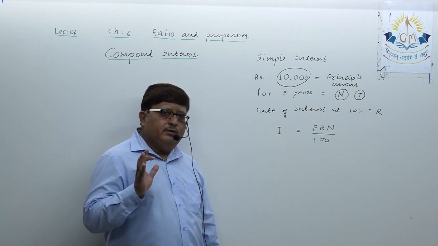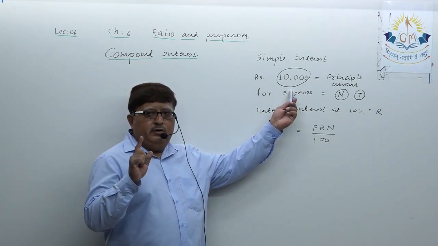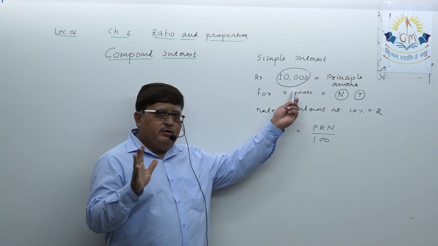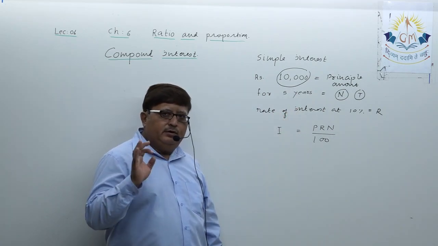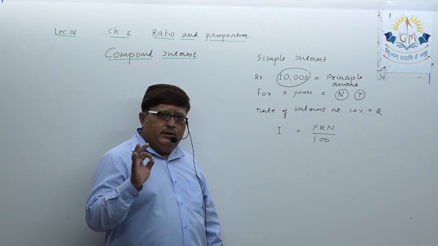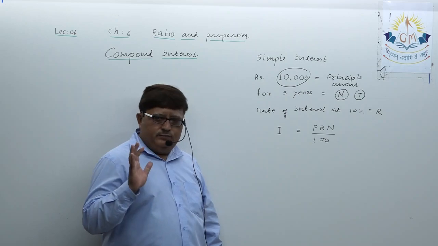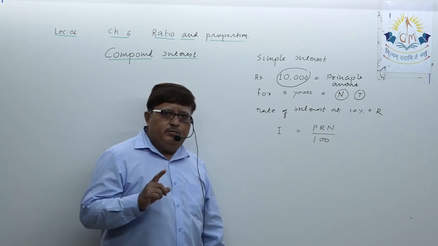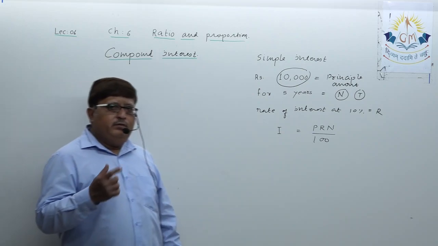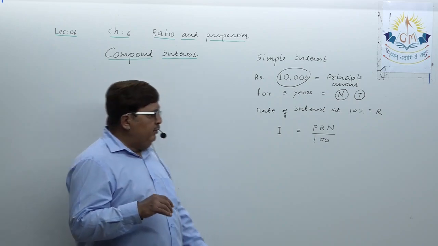Every year, because the principal remains constant, the interest counted also remains the same. This is the basic meaning of simple interest. Every year the interest counted remains the same.